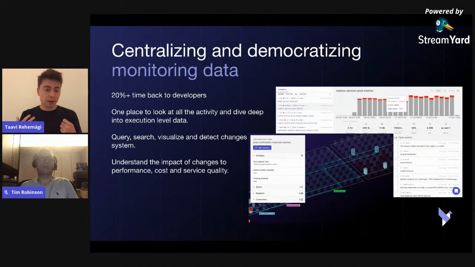Essentially it's designed to give back development time and also to increase the confidence and understanding of the system. So you can do things like query, search logs, and visualize logs, metrics, and traces. You can go into a transaction level, like one Lambda invocation, and see what services it was communicating with, what the cold start and memory usage were, and a lot of different things.